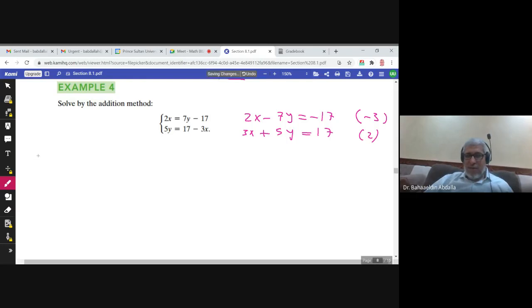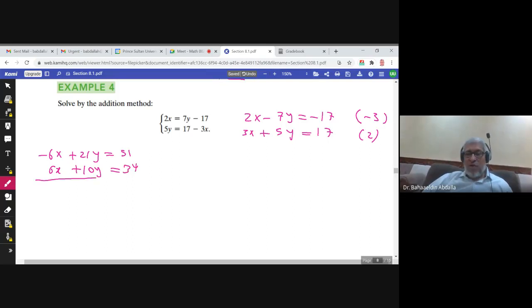So if you multiply the first equation by negative 3, you will have negative 6x plus 21y equals negative 3 times negative 17, that's 51. So this is the first equation after multiplying by negative 3. Now the second equation, if you multiply by 2, you will have this equation. 17 times 2 is just 34.